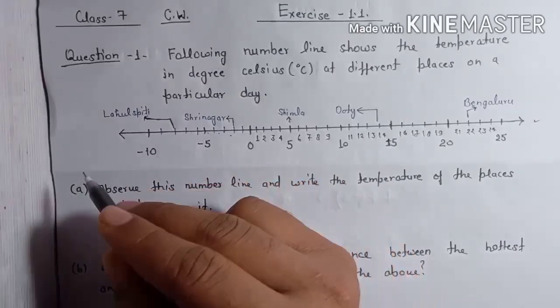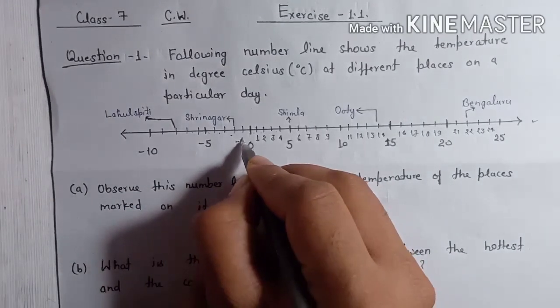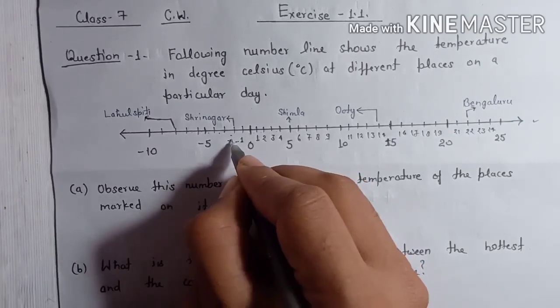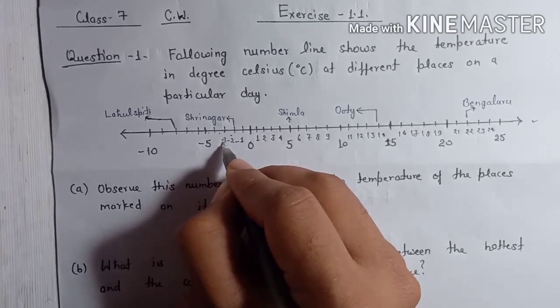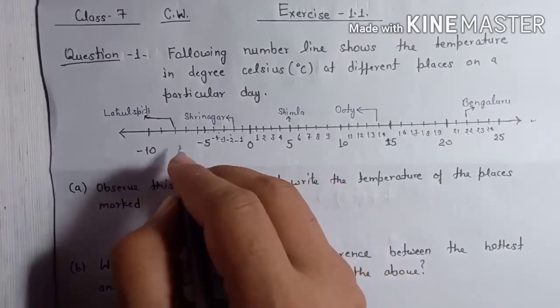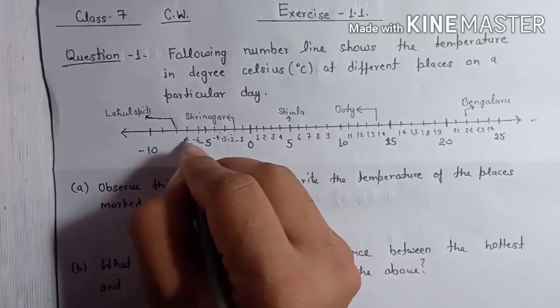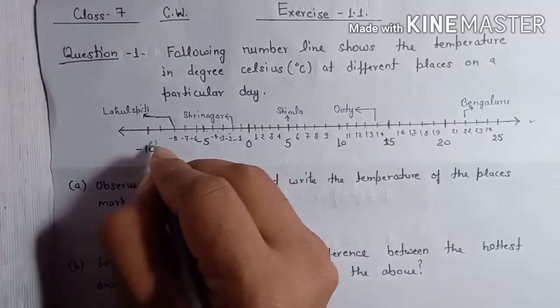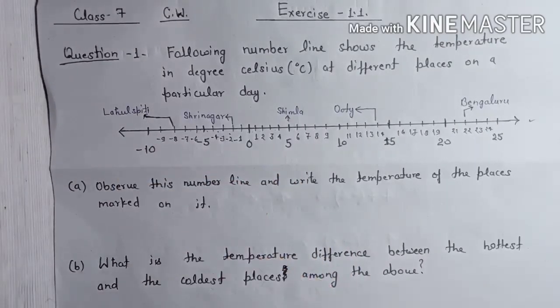Similarly, these are the negative integers. You can write down those numbers too. This is -1, -2, -3, -4, -5, -6, -7, -8, -9, then -10.